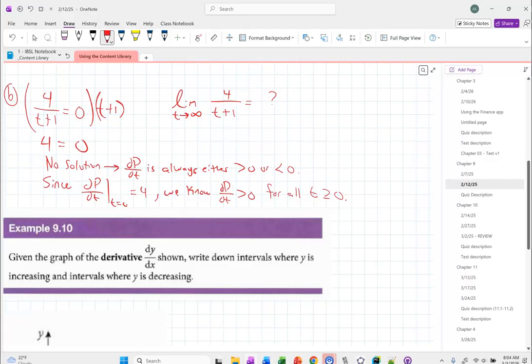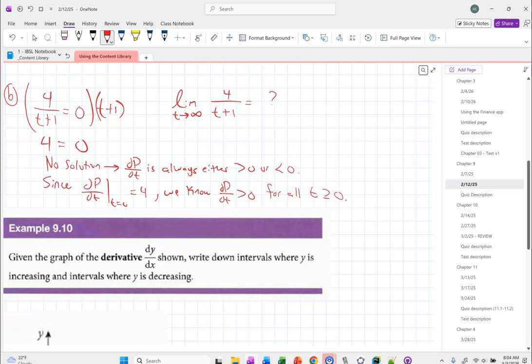So when t is 0, dp/dt is 4, right? When t is 1, what was dp/dt going to be? 4 over 1 plus 1 is 2. Okay?